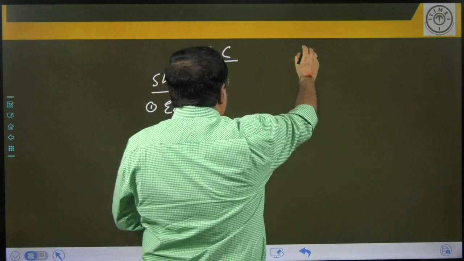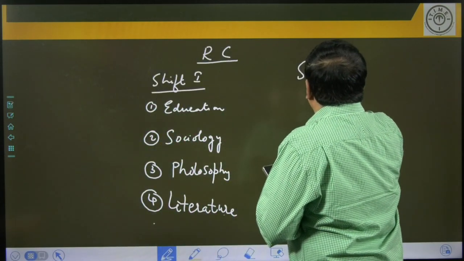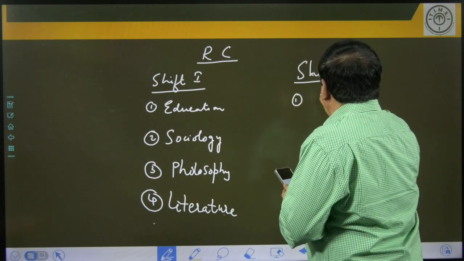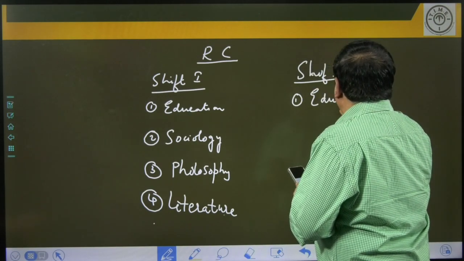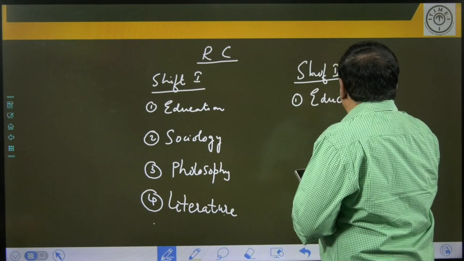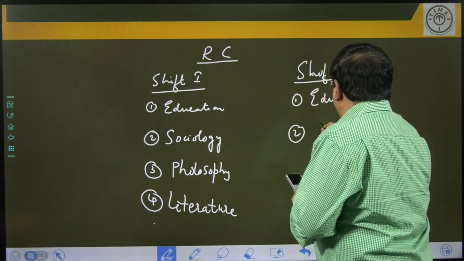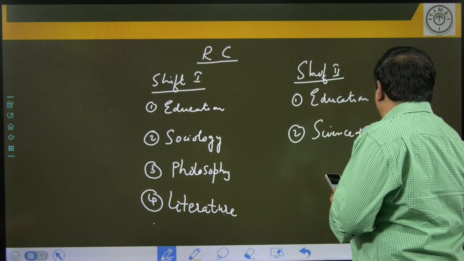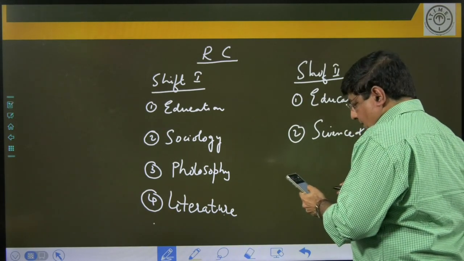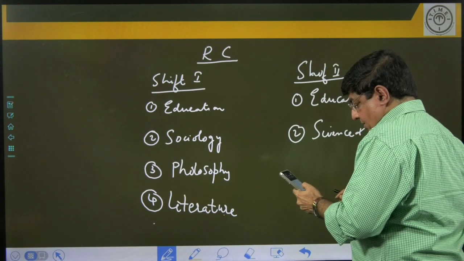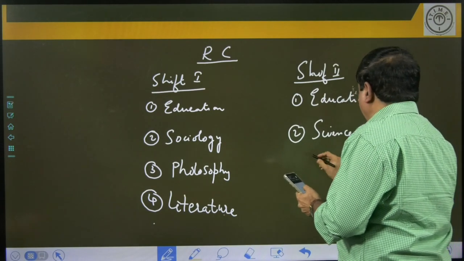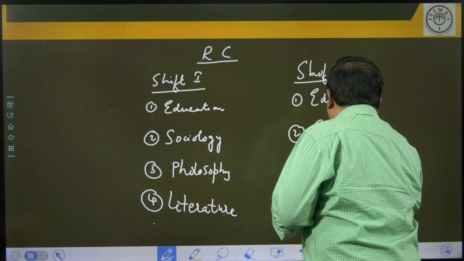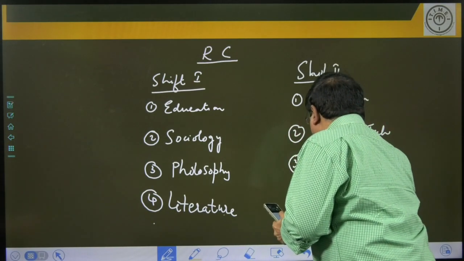Second slot koste shift 2. First passage again on education. Second passage science and technology. Third passage story. Fourth passage business.